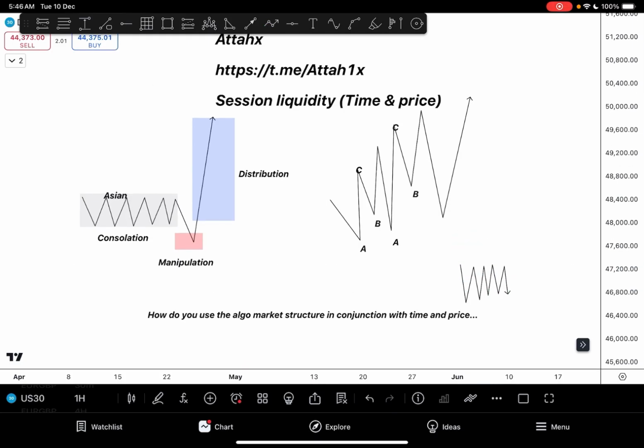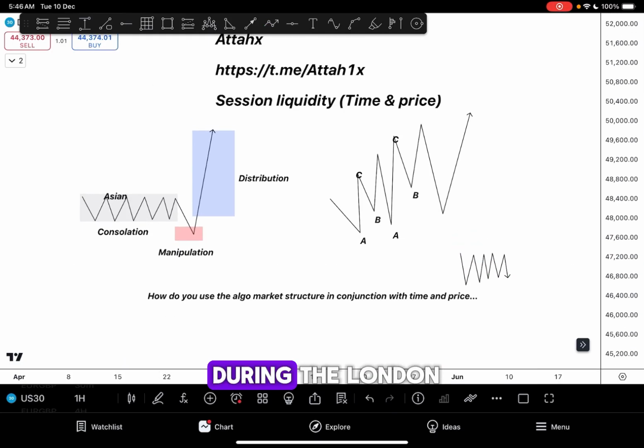Now, the manipulation usually happens during the London kill zones, or particularly the London session I would use.